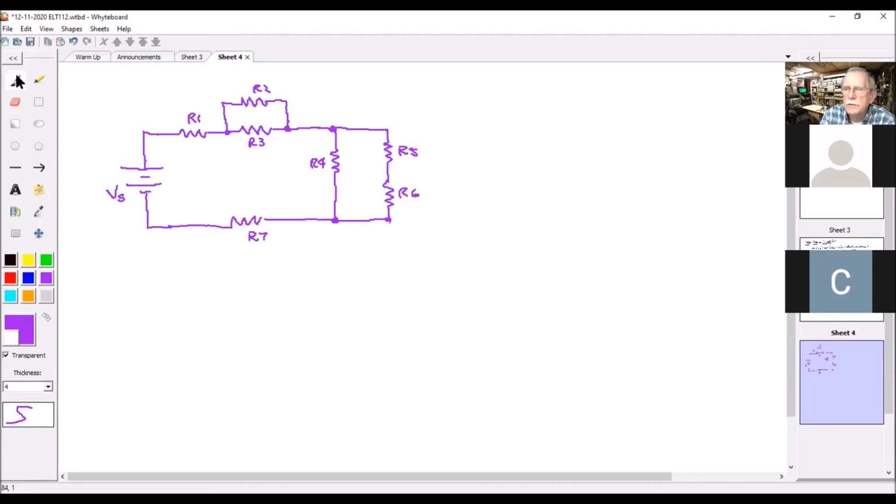What resistors are in parallel? What resistors are in series? You want us to tell you? Well, we're going to go over it, but just mentally or jot it down on a piece of paper so you remember.